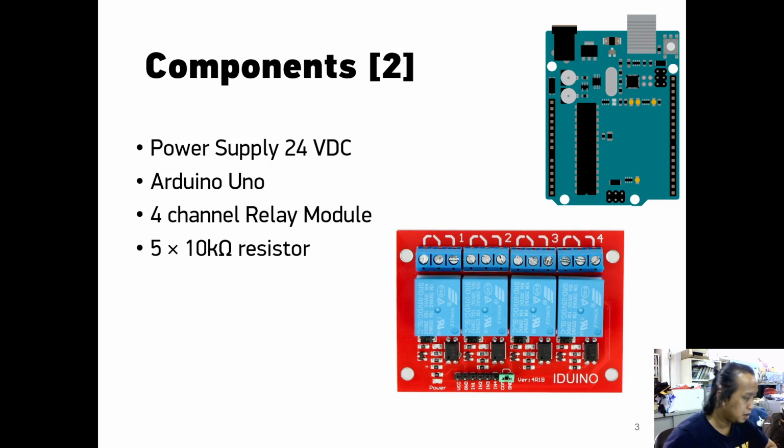And this is the Arduino Uno. The Arduino Uno will read the digital input from the button and the limit switches, and the relay channel is used to control the solenoid valves Y1, Y2, Y3, and Y4.